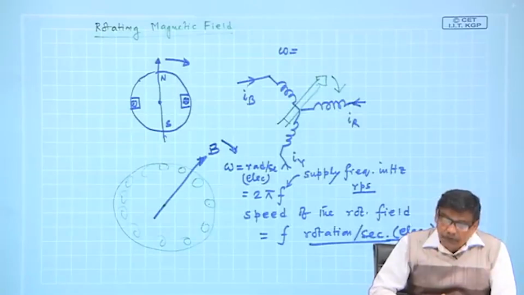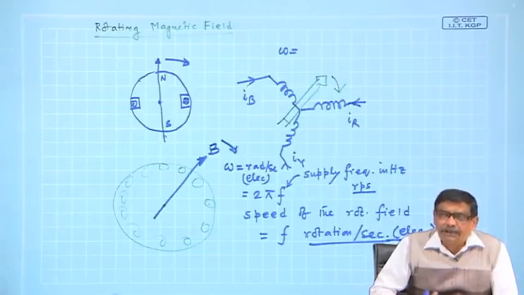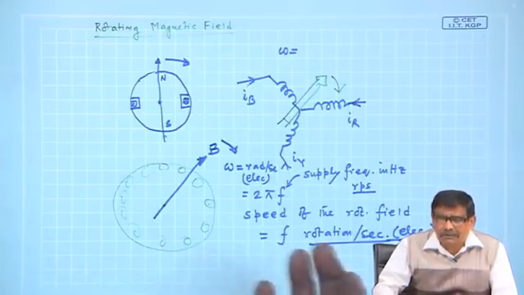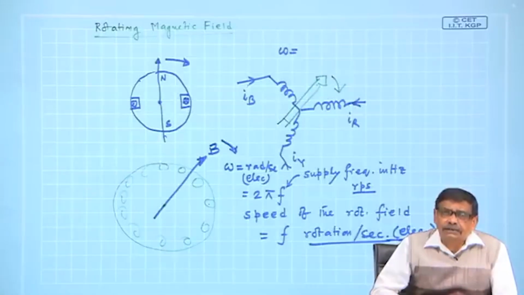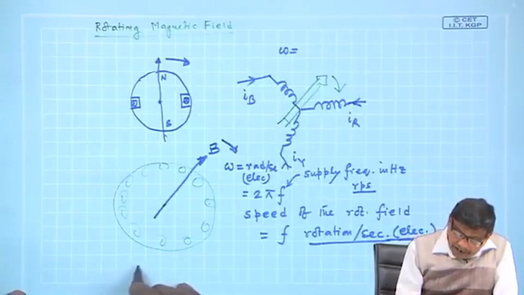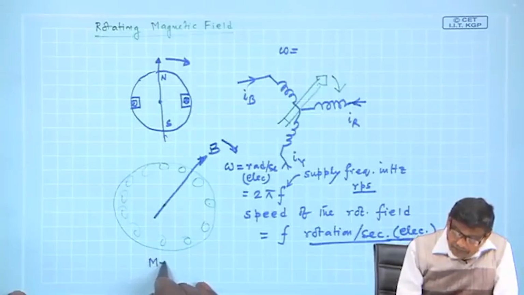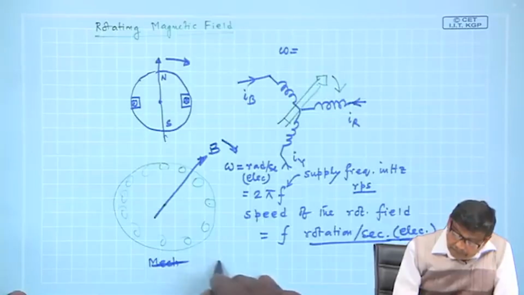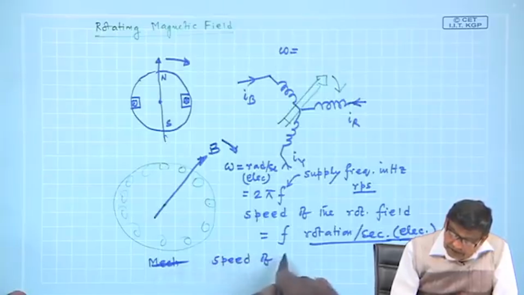Now, but as you know, we want to talk about realistic speed, that is the speed which can be measured with some mechanical means, the mechanical speed, theta by t. So, what will be the mechanical speed? Speed of what? Speed of the resultant field.